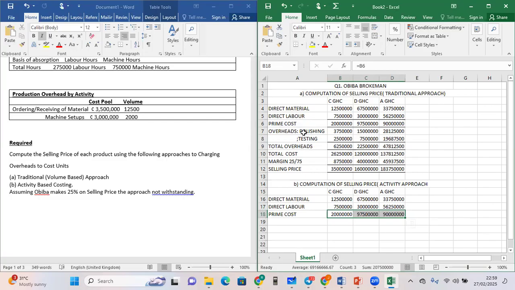The only difference that will be coming in is from the overheads, right? That's the overheads.